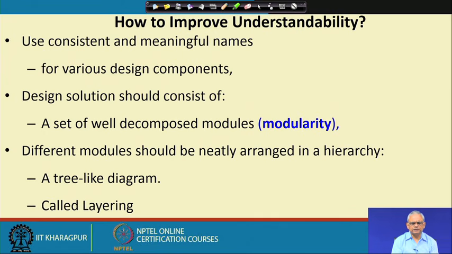And the second characteristic of a design which is understandable is that it should have been decomposed well into modules. This we call the modularity of the design. We need to look at the question of what we mean by modularity, what is a well decomposed set of modules, that we will do next.